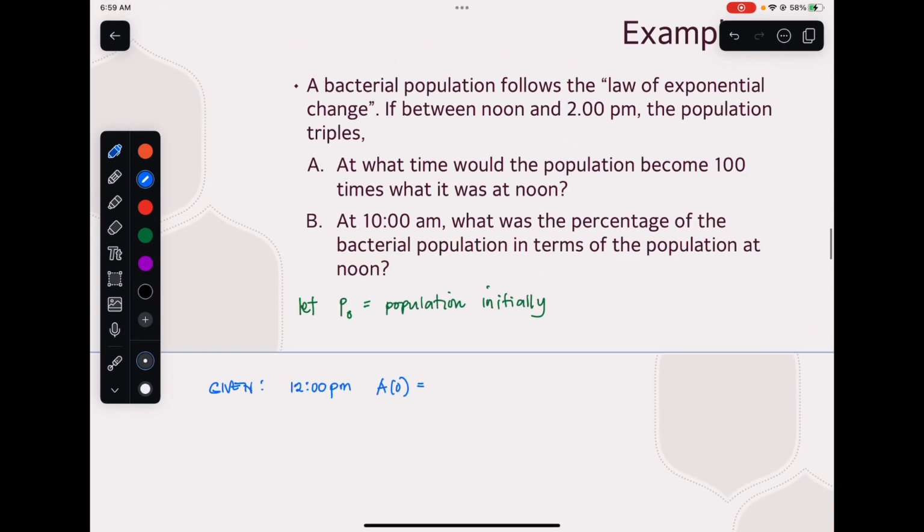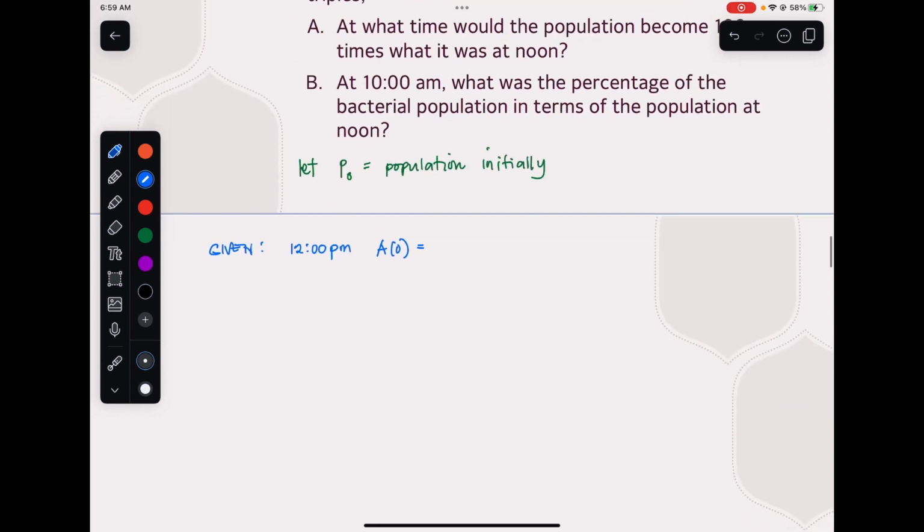At noon I do not know the population, but I let it be P sub 0, the initial population, and therefore A of 0 is equal to P sub 0.